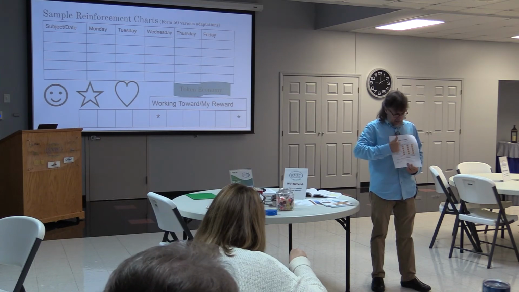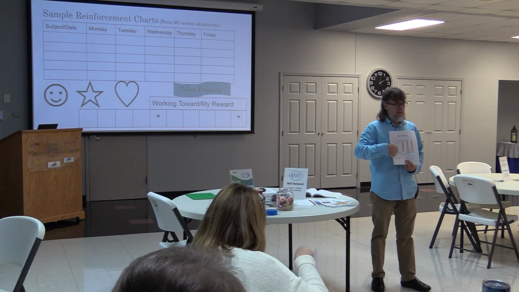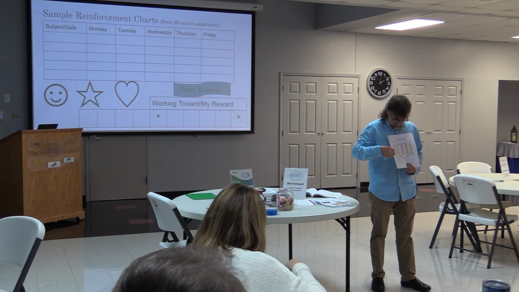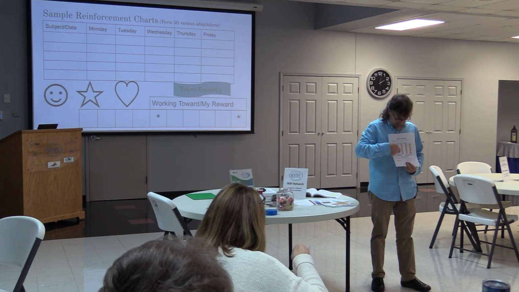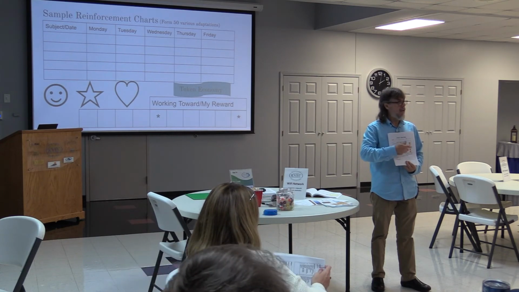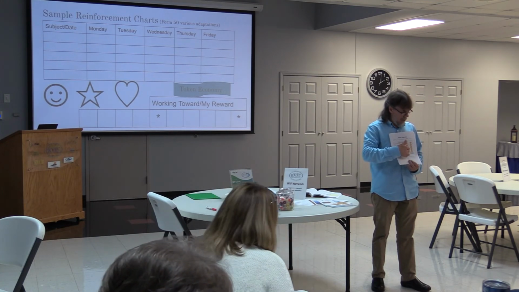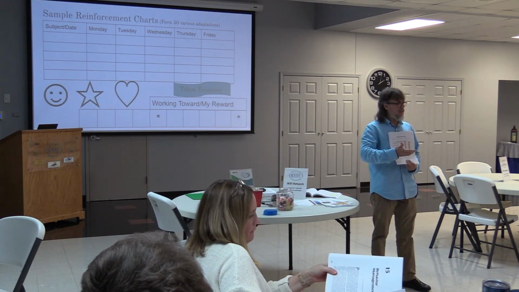You can go to kyself.com and download this form and edit it if you want to use it. It has the rules or the expectations over here. If they did well, they get a big smiley face. If they had a rough time or didn't do so well, had a couple of reminders, you get a straight face. If they didn't follow rules or expectations at all, then they get the frowny face.